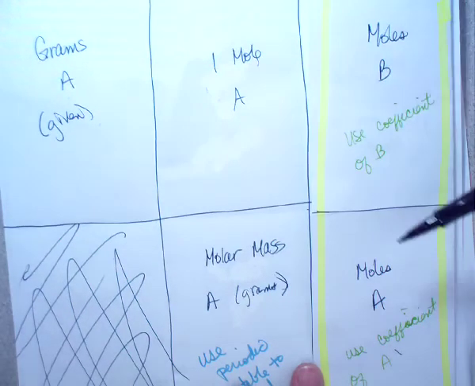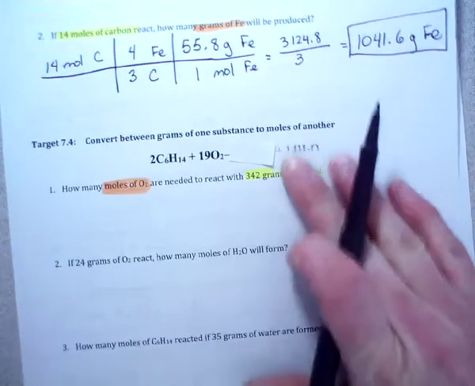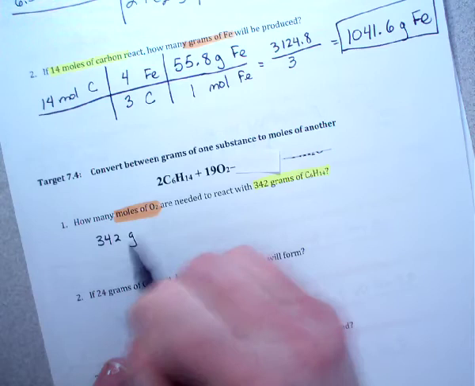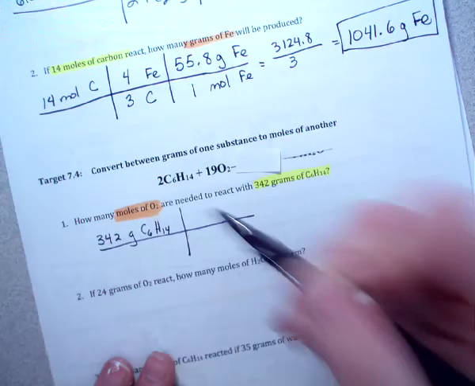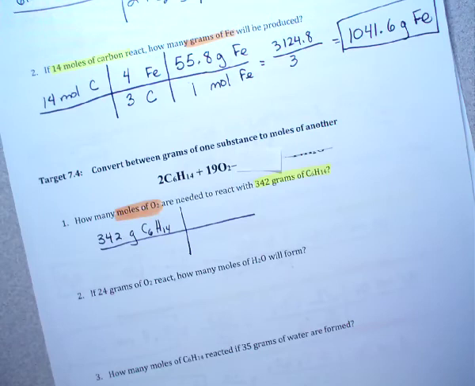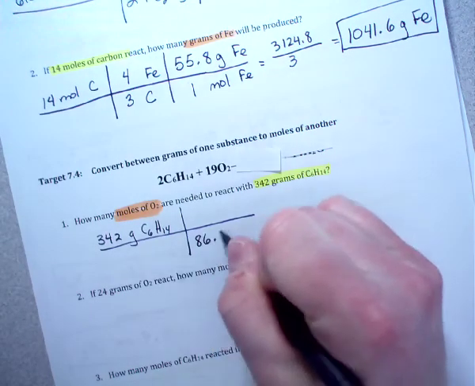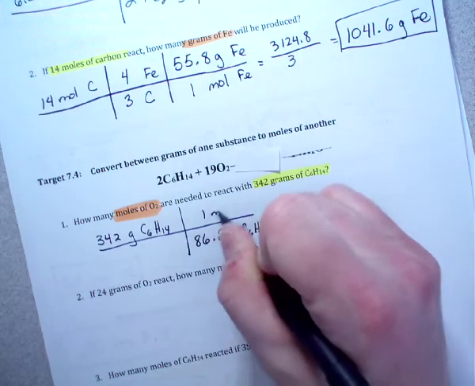And then we multiply by the mole ratio, which comes from our coefficients. So start by writing your given 342 grams of C6H14. And then using your periodic table, you're going to go find the molar mass of C6H14, which is 86.2 grams of C6H14 in 1 mole.